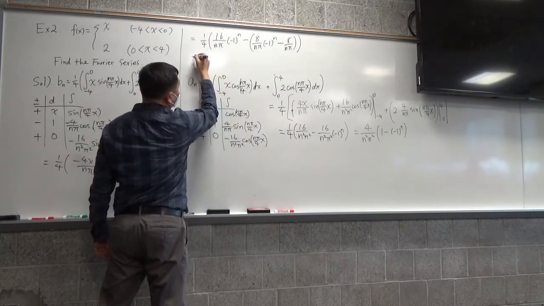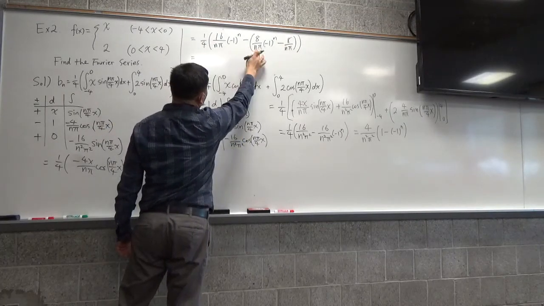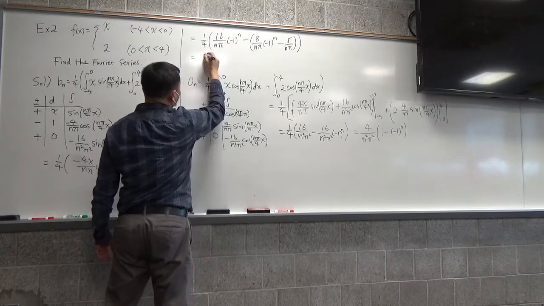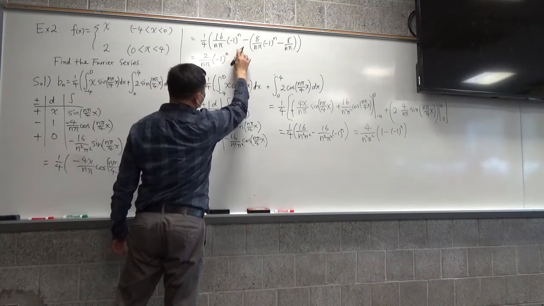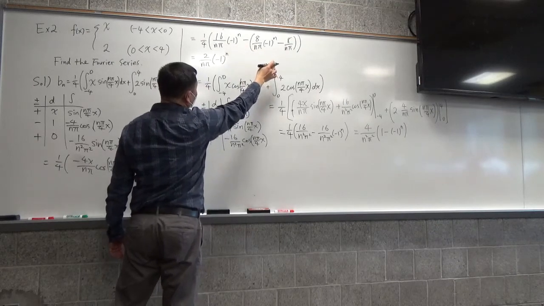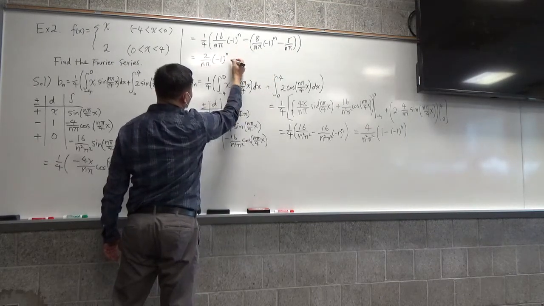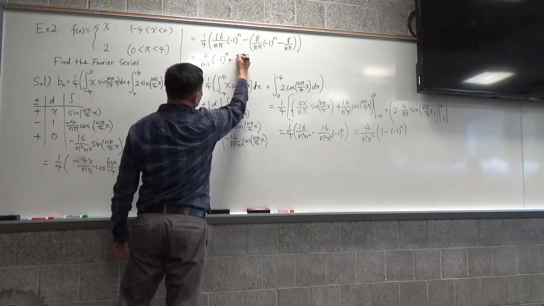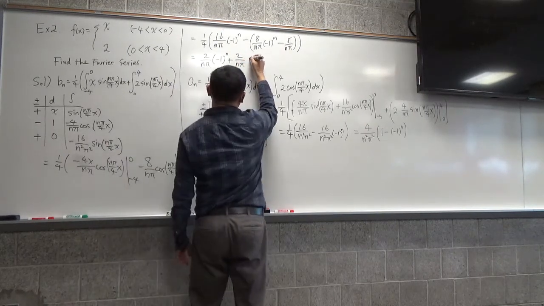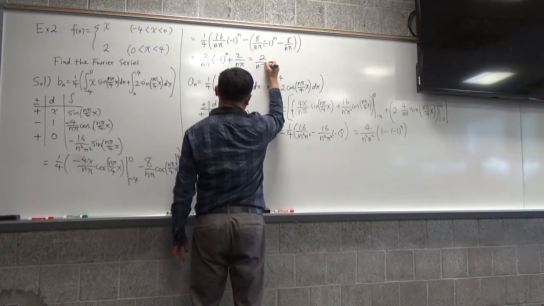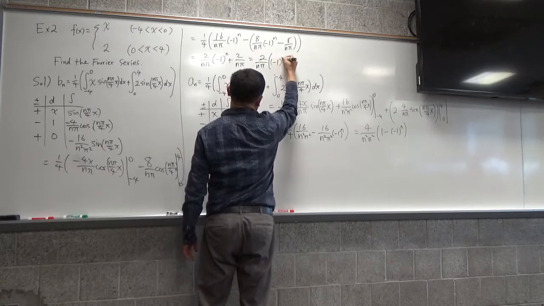So that's this minus this, 8 over n pi divided by 4. That's 2 over n pi negative 1 to the nth power. Minus minus is positive 8 over n pi, but there's 1/4, so it's plus 2 over n pi. So this ends up being 2 over n pi times negative 1 to the nth power plus 1.